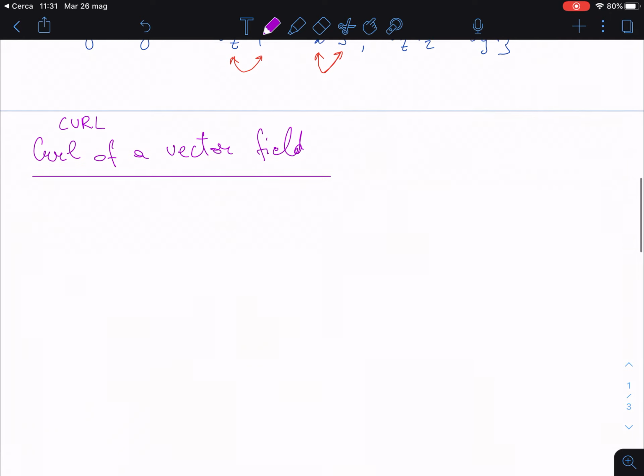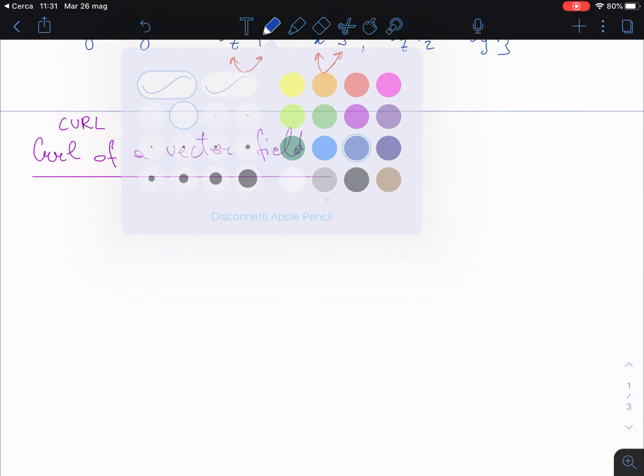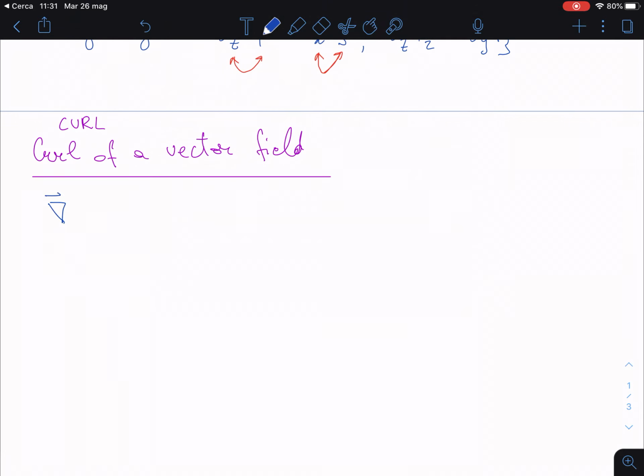The curl is what we call the vector operator that can be written by using nabla, but this time instead of doing the ordinary product or the dot product, we do the cross product. Nabla cross f is equal to the determinant, which is just a formal determinant, i, j, k, and then the components of nabla, dx, dy, dz, and here f1, f2, f3.